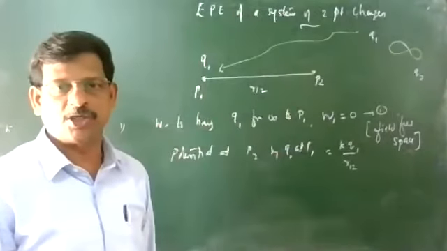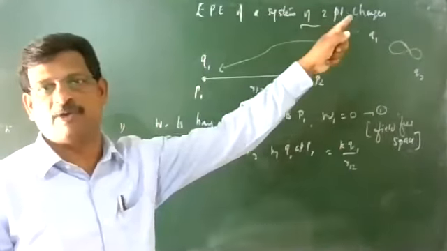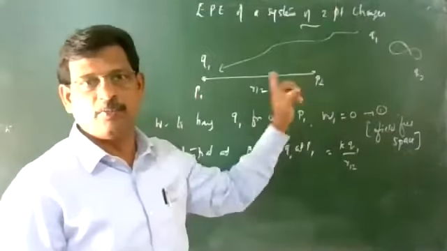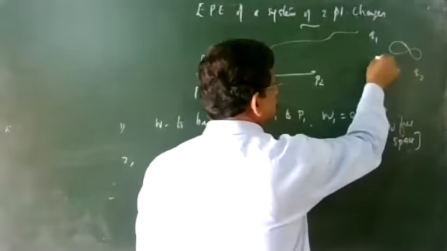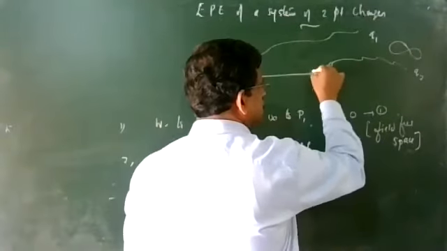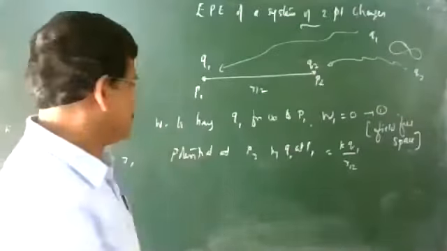The first charge produces potential. The meaning of this potential is the amount of work done bringing unit charge from infinity to the point P2. So P2's potential is this. Now we want to bring Q2 charge from infinity to the point P2.